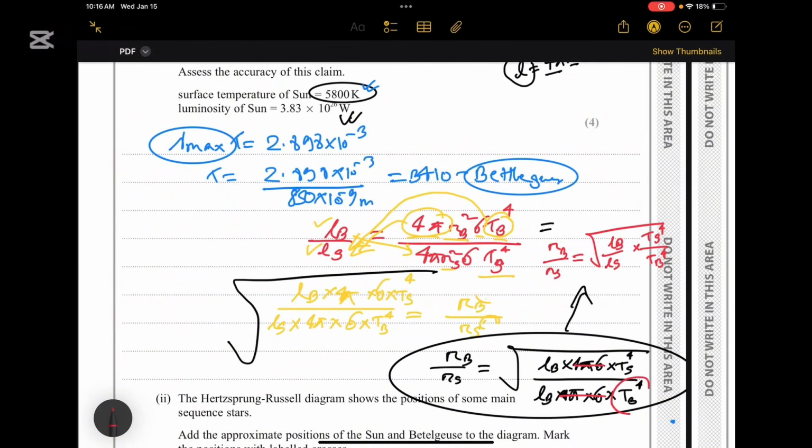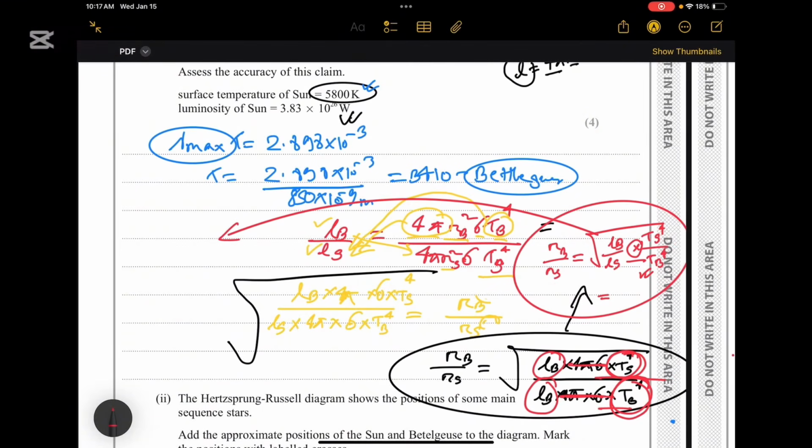Sorry, my bad, it was multiplication before as well, so we didn't need to make those changes. We have just removed all the 4 pi sigma because they were constant for both of them. Now if we put in all the values, let's write the formulas right here.